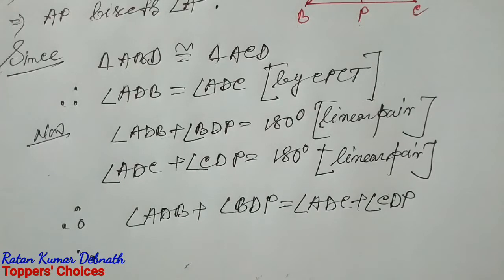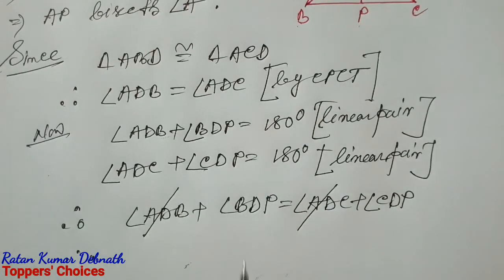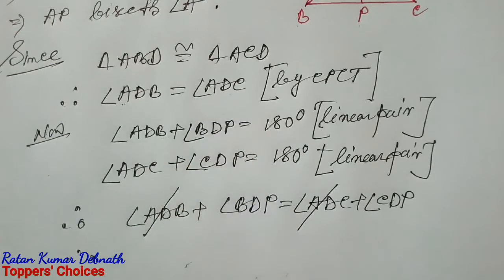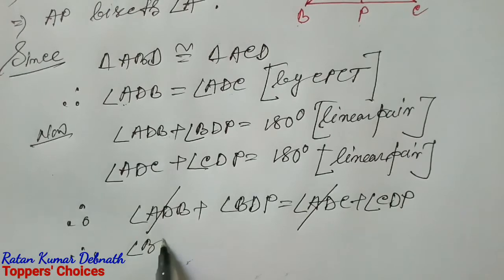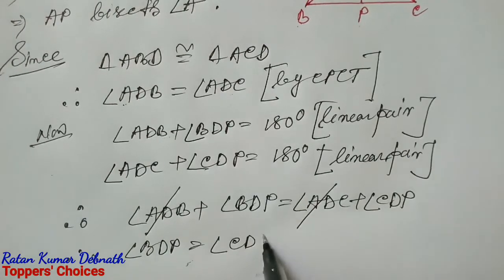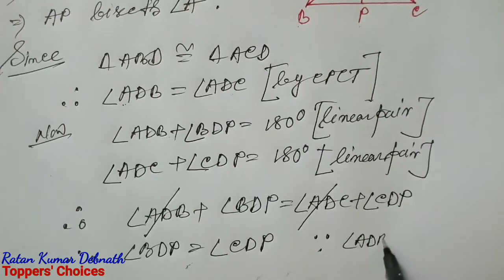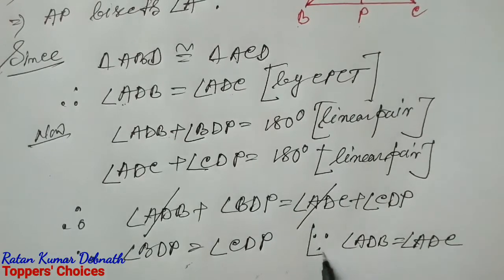Now we can cancel these two angles because these two angles are equal, we already proved. BDP equals CDP, since angle ADB equals angle ADC.